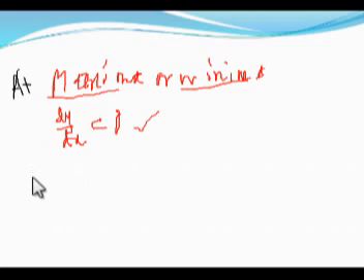And second is, if the second derivative is taken, then what will be d square y by dx square?